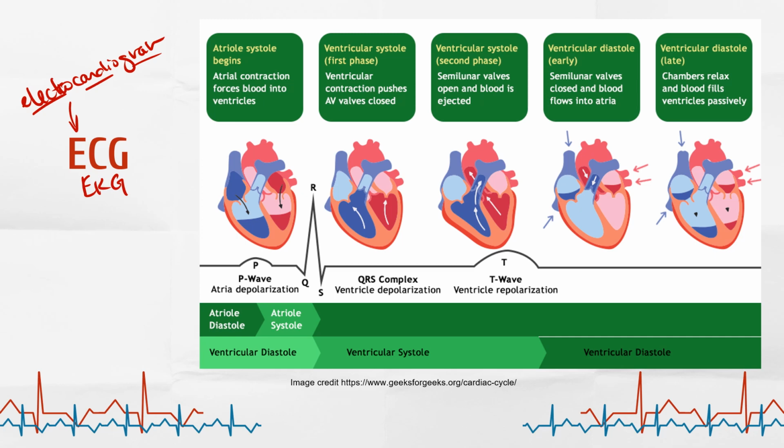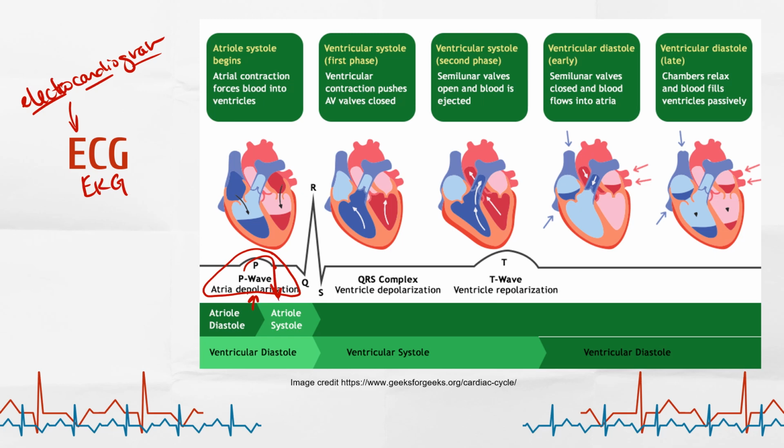So the first little part of our EKG trace is the P wave, and this is where the atria is depolarizing. We're going to talk about depolarization of nerve cells in a couple more lectures, but this is just that signaling of the nerve impulses through the cells to get the atria to contract. So that P wave sets off that contraction of the atria.